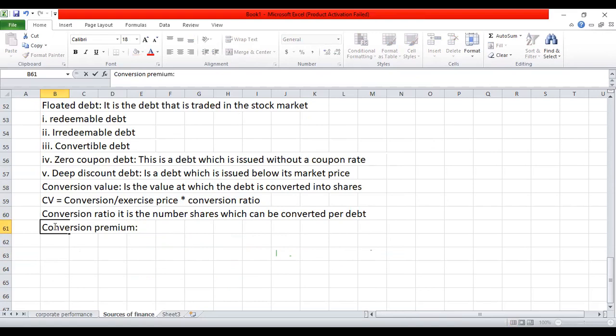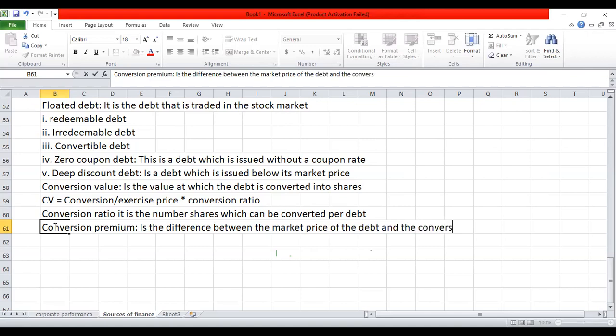The conversion premium is the difference between the market price of the debt and the conversion value.